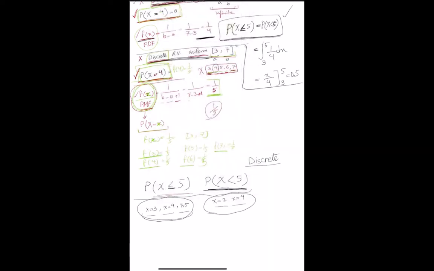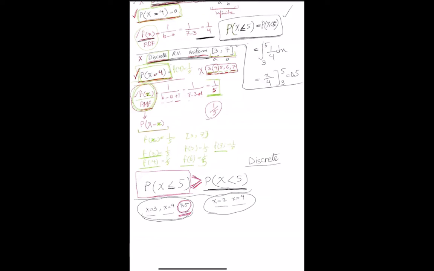This probability is always greater than or equal to this other probability, because we also add the probability of x equals 5 to this one. I put equal just to be on the safe side: in the worst case scenario, if the probability of x equals 5 is 0, both sides are equal.